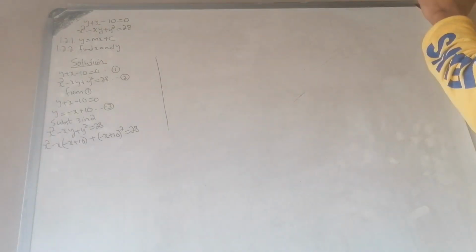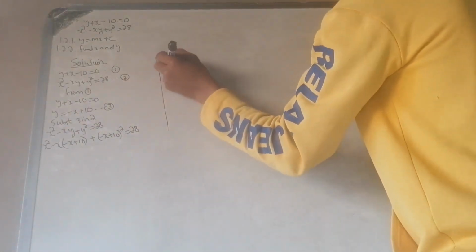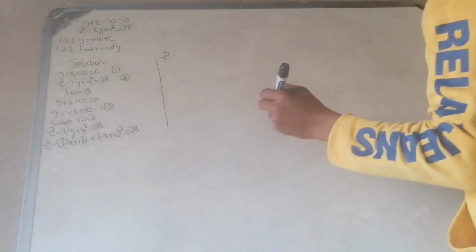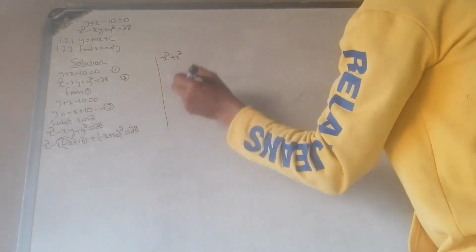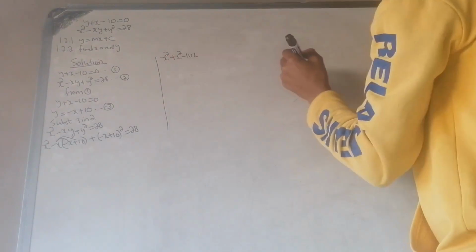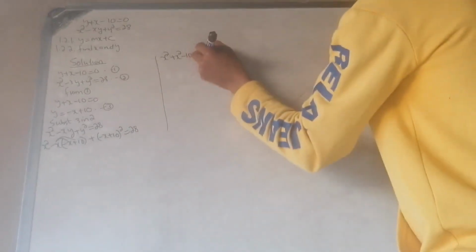And then from there, I will have my x squared. Remove the brackets by multiplication. x squared minus 10x. Repeat this 2 times.